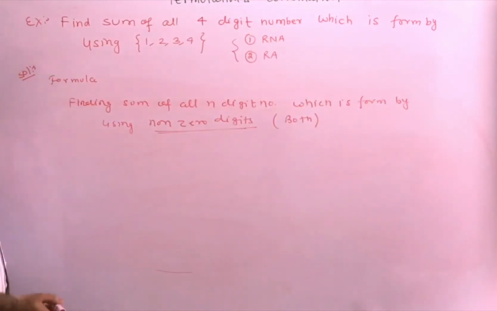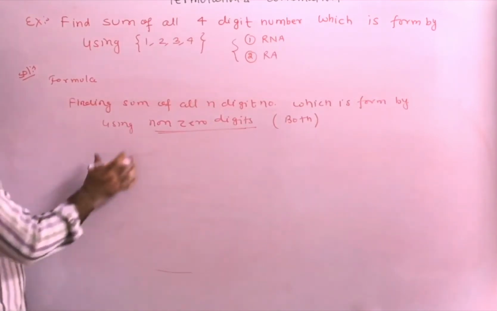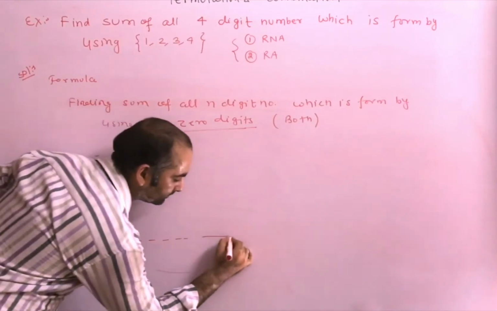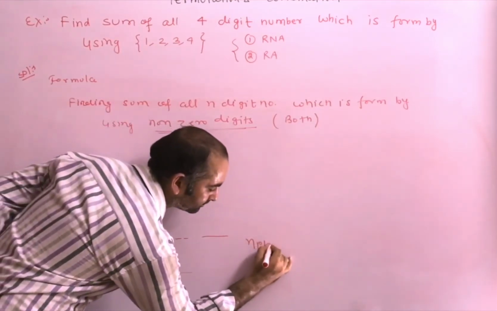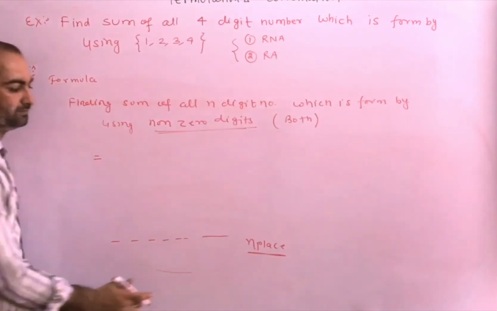Now according to this formula, we want sum of n digit numbers. That means you have to take n places. Okay, n is what? Number of places. So we are taking n places.